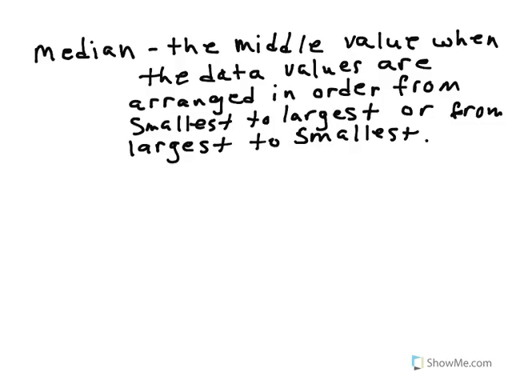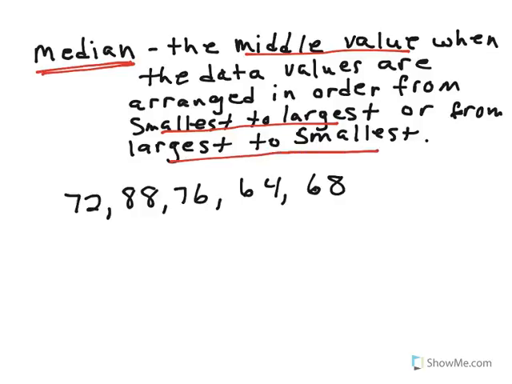Another measure of central tendency is the median. The median is the middle value when the data values are arranged in order from smallest to largest, or from largest to smallest. For example, in the numbers 72, 88, 76, 64, and 68, to find the median, we must first place these in order from smallest to largest, or largest to smallest.